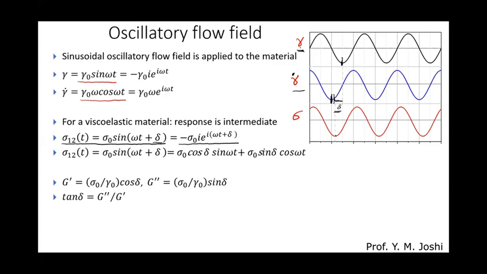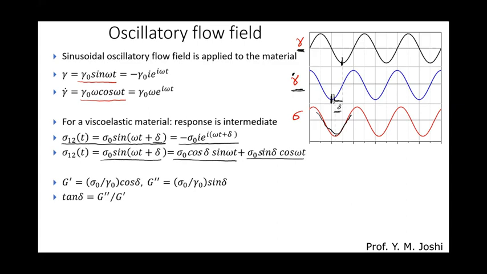So, in order to see how much percentage of this particular stress response is in phase with strain and how much part of it is in phase with strain rate, we essentially open up this sigma 0 sine omega t plus delta, and we know that sine A plus B is nothing but sine A cos B plus cos A sine B. So we essentially write down this particular part as sigma 0 cos delta sine omega t and sigma 0 sine delta cos omega t.